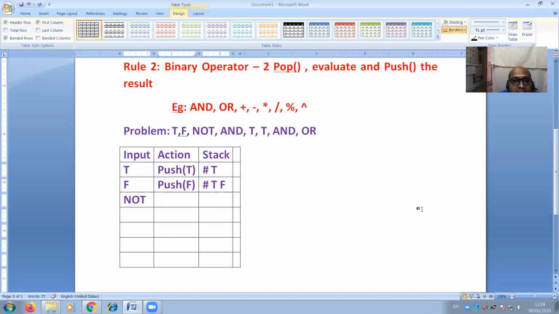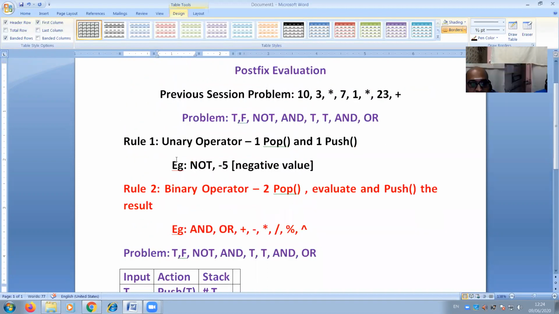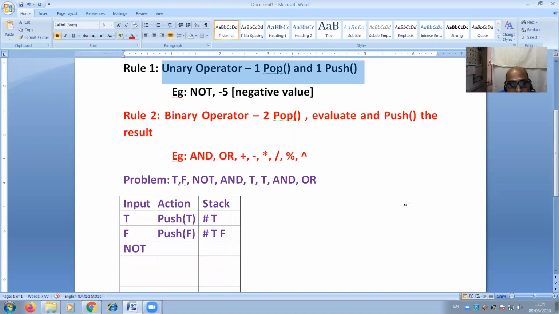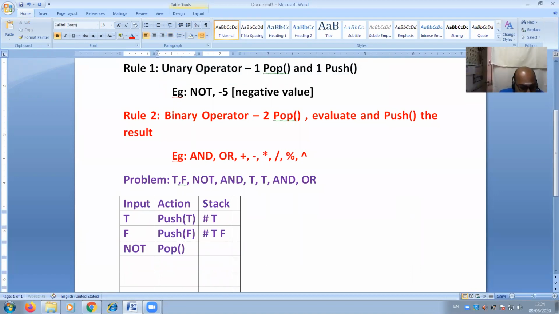So I want to recheck my rule which I have defined there. Rule number 1 states: if it is a unary operator, I have to issue one pop, and one push. So if I try to pop one element from the stack, that is, I'll be removing the topmost element, which is false.